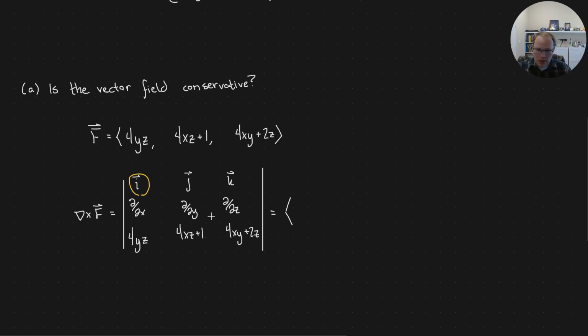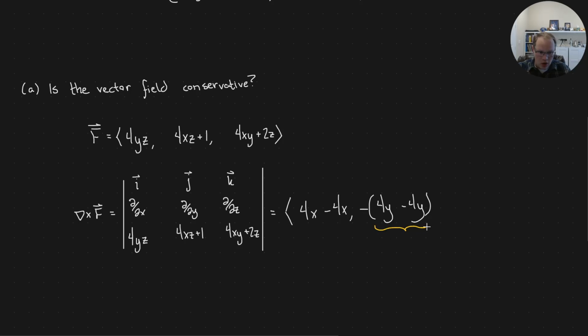Okay, so for the i component, partial derivative here with respect to y, I just get 4x, minus this partial derivative with respect to z, I get also 4x. So good start. That first component will be 0. In order for this to be conservative, I need all the components to be 0. All right, so j component. Partial derivative of this with respect to x, I get 4y. And then partial derivative of this with respect to z, I also get 4y.